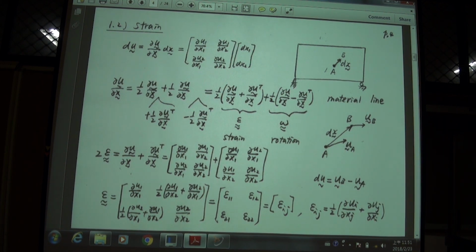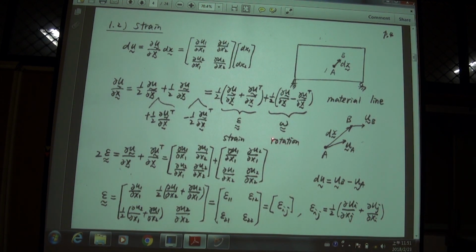Before, not so much attention has been drawn to the rotation part, because as engineers, civil engineers, we concentrate on the deformation of the beam or column, something like this. So we concentrate on the beam, on the strain, but we somewhat get the importance of rotation.